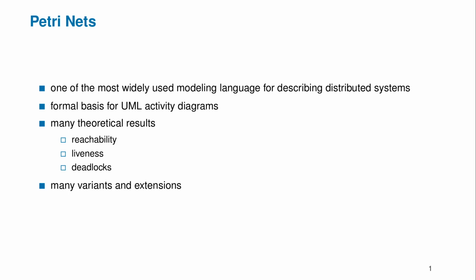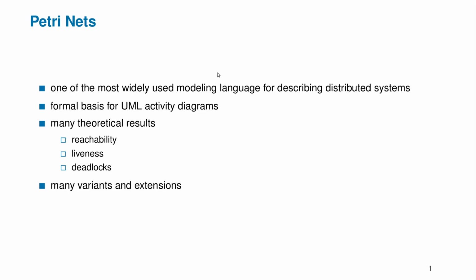So we have shortly mentioned that UML state machines are based on finite automata, so that many ideas found there are inspired by this formal modeling language, and in a similar sense UML activity diagrams are based on Petri nets.